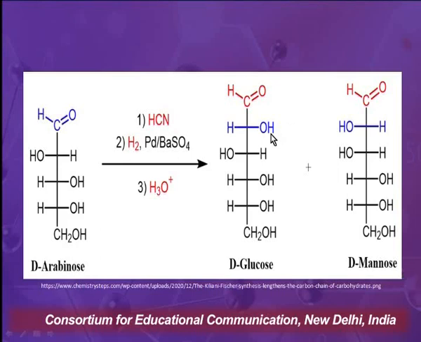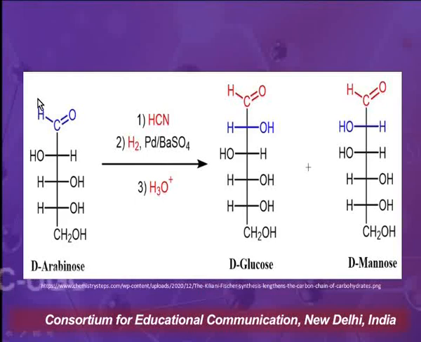So what are D-glucose and D-mannose? They are differing in configuration only at one chiral carbon, that is the second carbon here, where the configuration is different. So why is the configuration changing here?